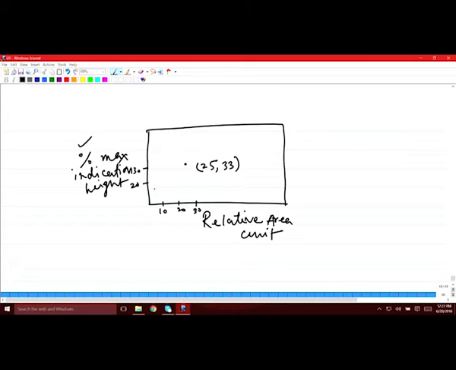So, first what you do, you draw a curve or draw a straight line through this point and the origin. Since this is your reference point, the point with respect to which you are standardizing the whole thing, this particular point is known as the point of standardization.